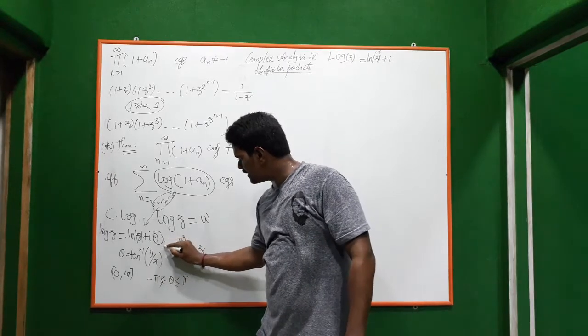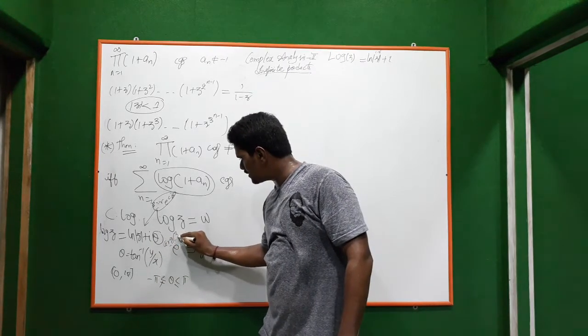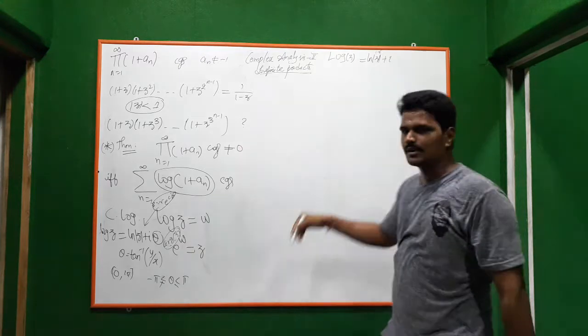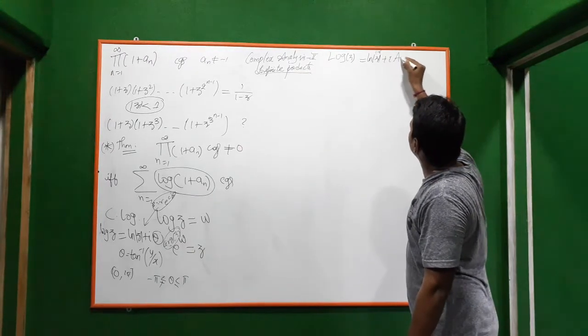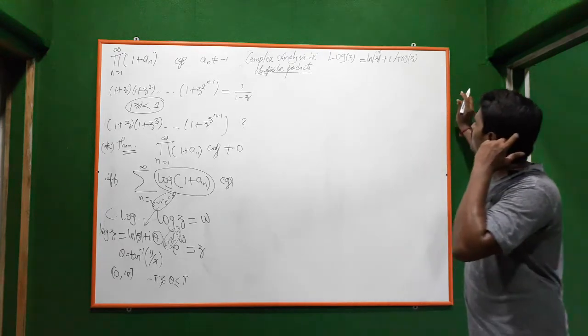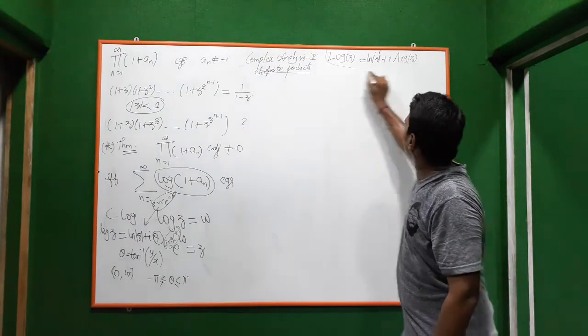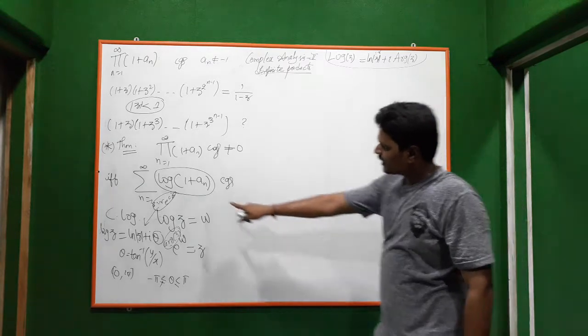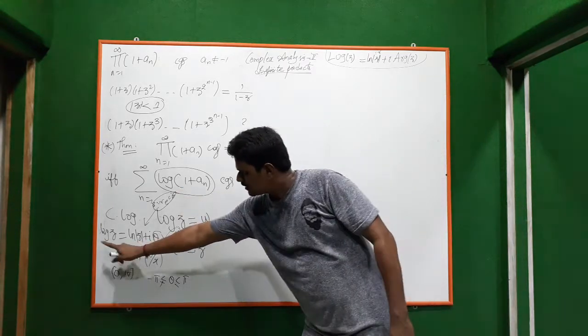Here we write it as small arg of z. When it is restricted to some 2 pi interval, it will be written as capital A, capital Arg of z. So this is the thing which we are going to use now. Now this logarithm is actually this logarithm.